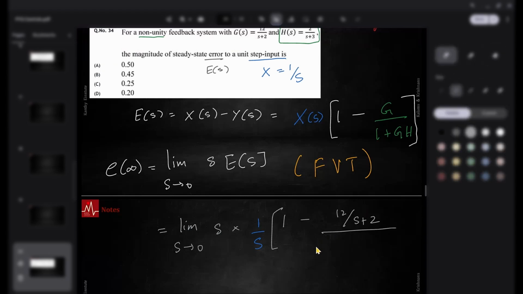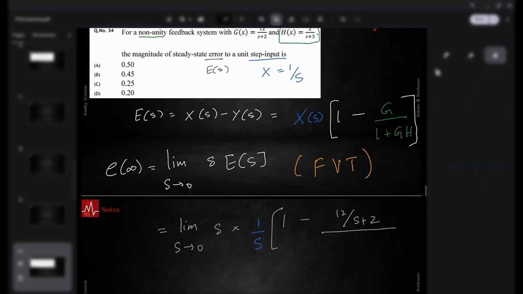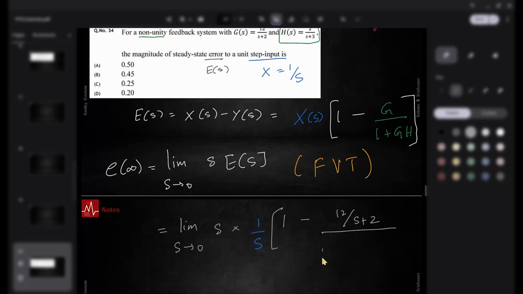S tending to 0 is fairly easy. I'm running out of space. So this is 1 plus G, which is 12 by S plus 2, H is 2 by S plus 3.